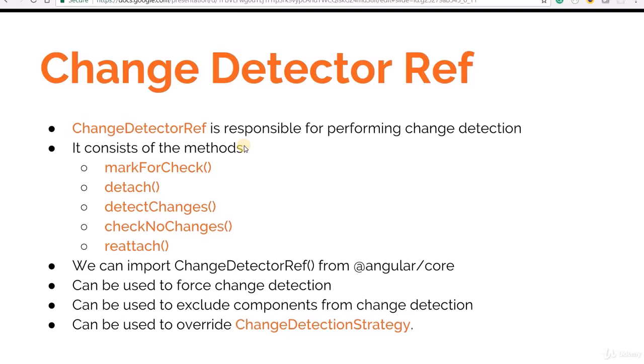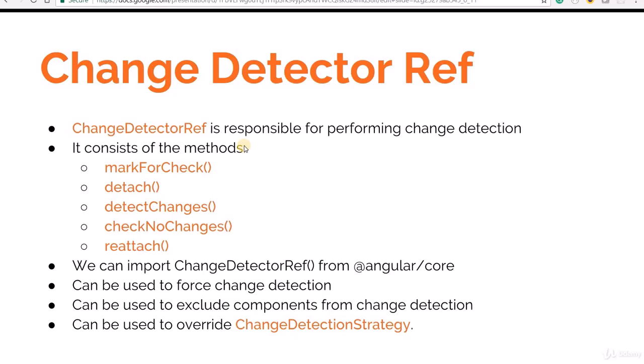Suppose there is a use case wherein there isn't any asynchronous task, or any particular DOM event that is actually changing the data, but the data is still getting changed. In that case, you'll have to manually run the change detection.